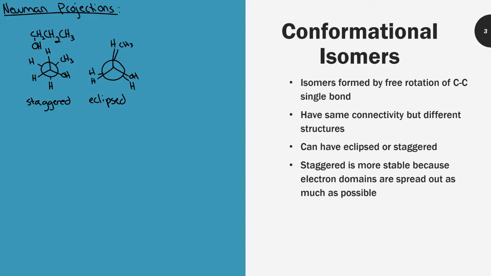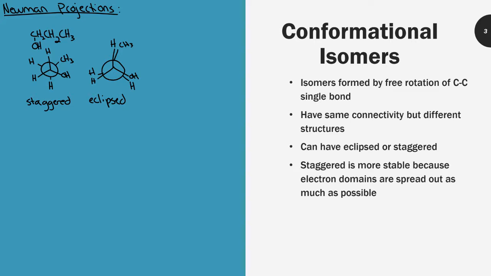And this is eclipsed right here. And you show eclipsed by, it really looks like this, but you can't draw it like that. So you normally turn it barely, so you can see the groups in the back. This is eclipsed. And then we also did conformational analysis, which is the thing where you had the graph and you had different rotation angles and then the energy of those molecules.